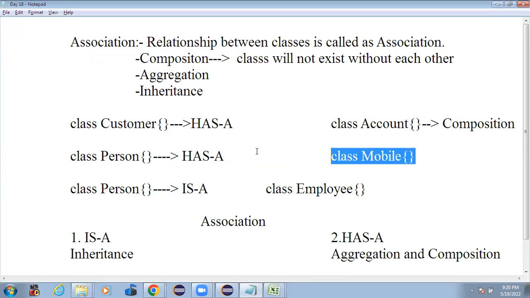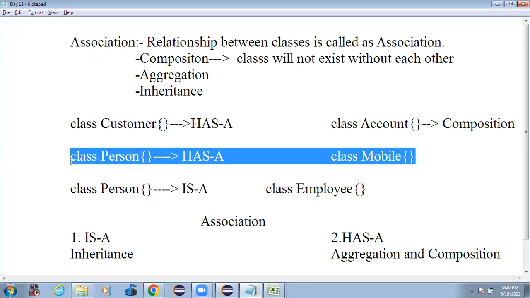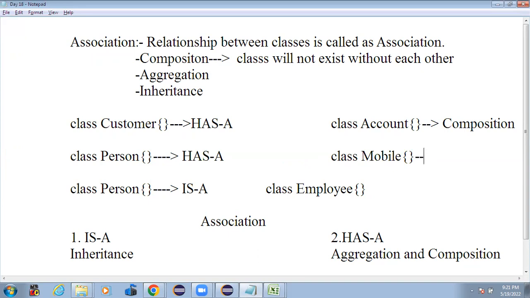So here there is no strong relationship. They can exist without each other, and hence such a kind of relationship we call aggregation.